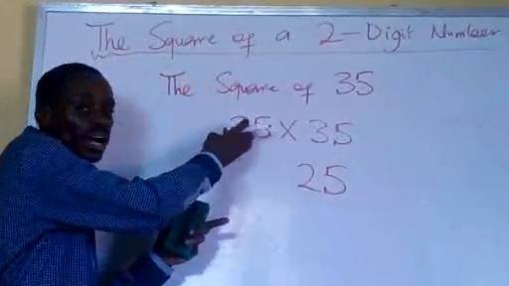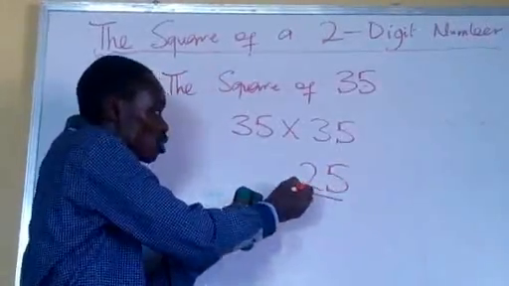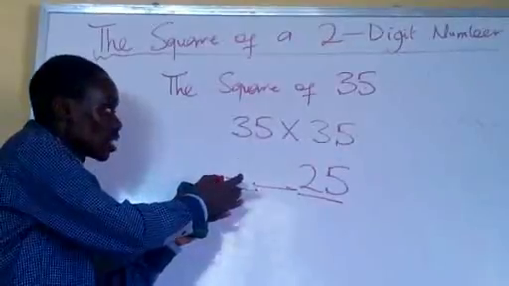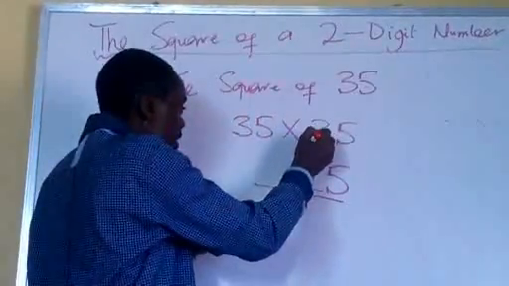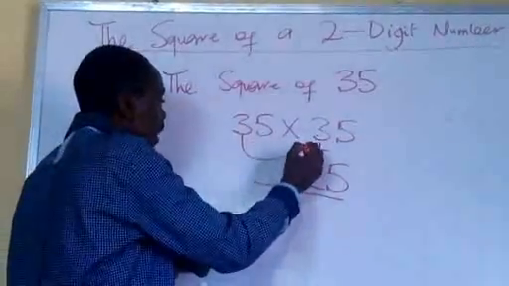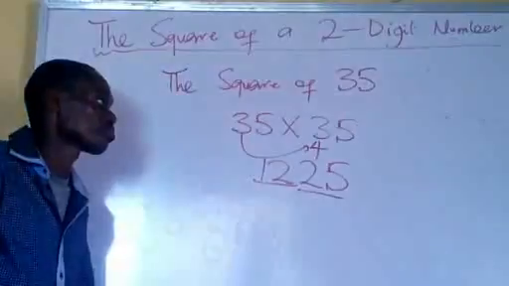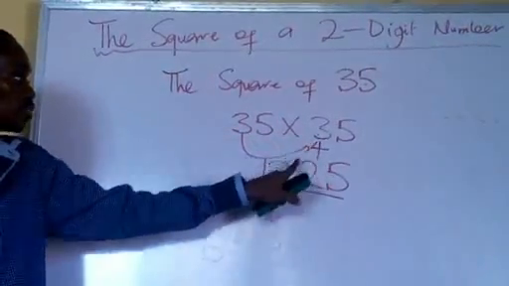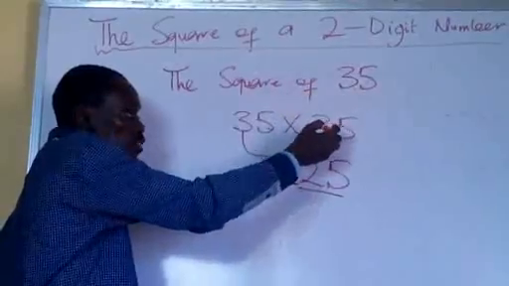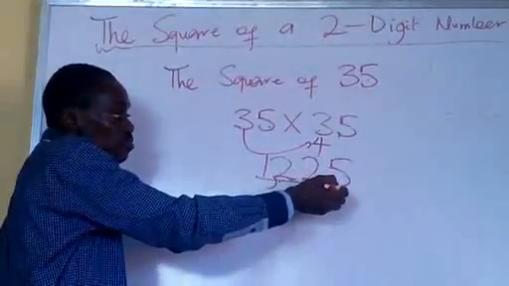When you square this number, the last two digits are going to be 25. Then for the other digit in front, all you need to do is increase this 3 to 4. So you're going to have 3 times 4, which is 12. So the square of 35, which is 35 times 35, is 1225.